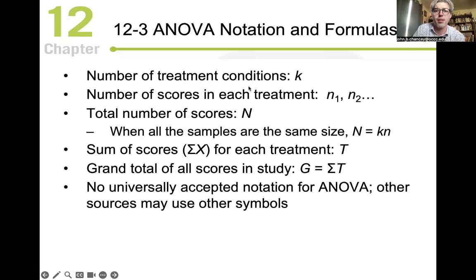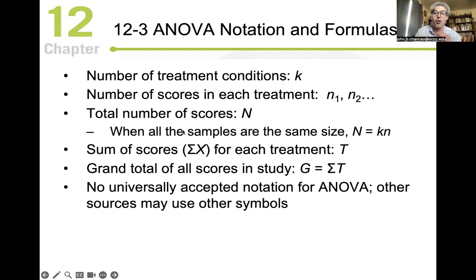So our number of treatment conditions in this case is K. If we go back to that previous example, we had three conditions: no drug, 50 milligrams of the drug, and 100 milligrams of the drug. So three conditions. Then n is the number of scores in each treatment. If we use 20 participants in each treatment, we would have 20 scores for each of those treatments.